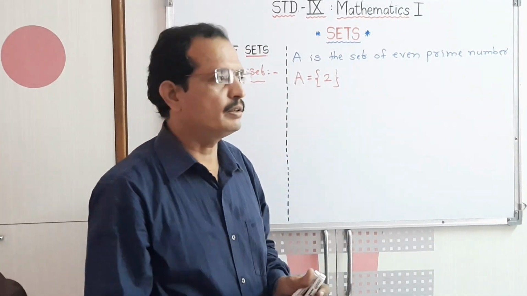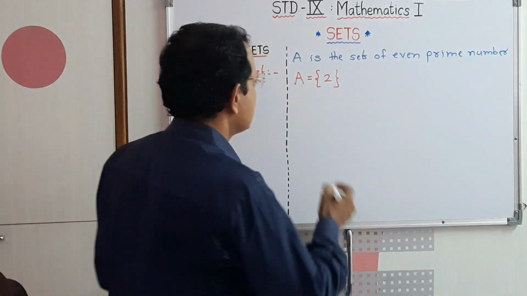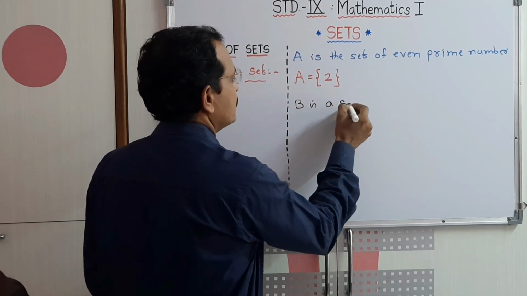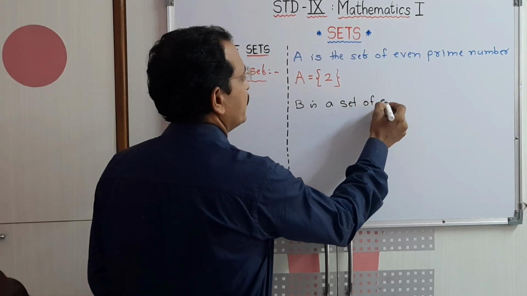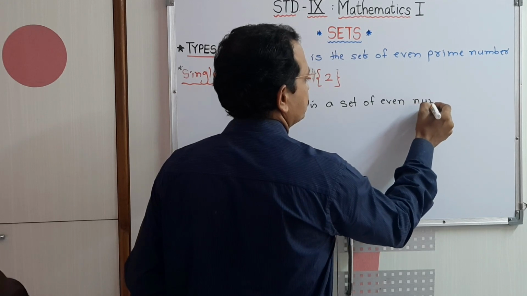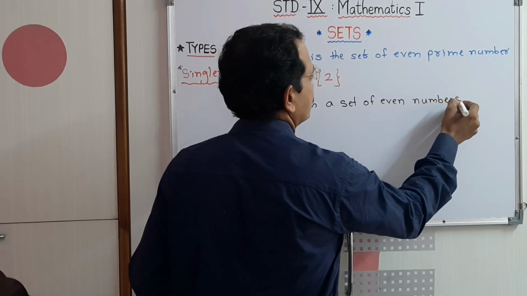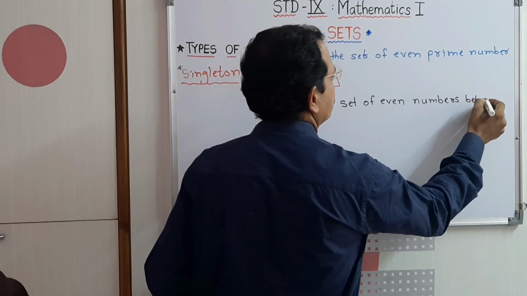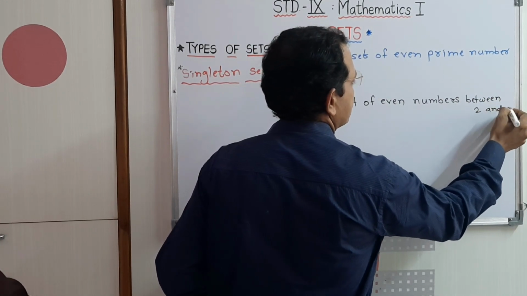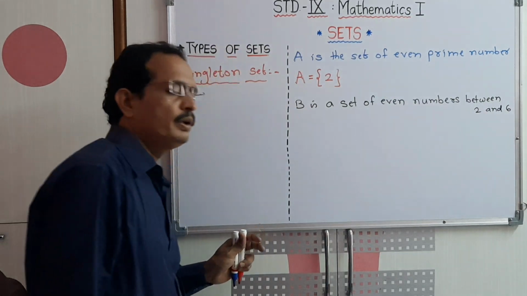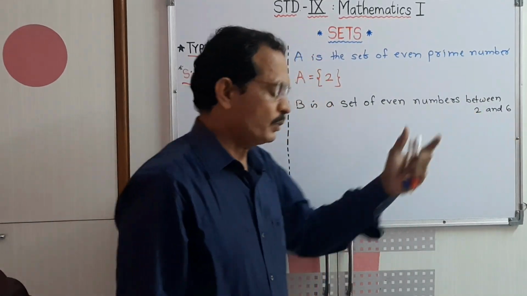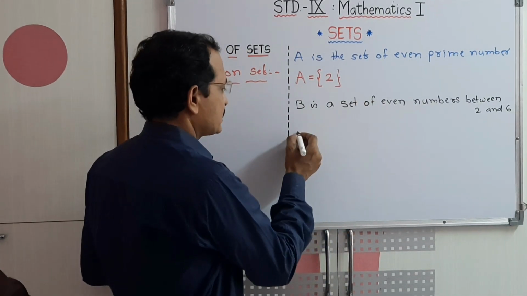Suppose I write set B is a set of even numbers between 2 and 6. Now tell me, between 2 and 6, how many even numbers are there?